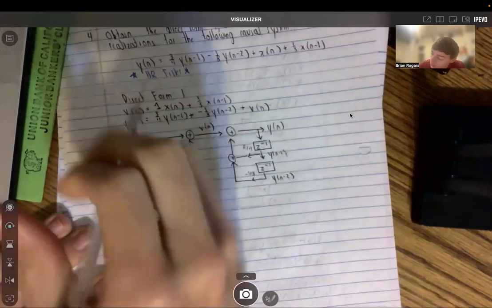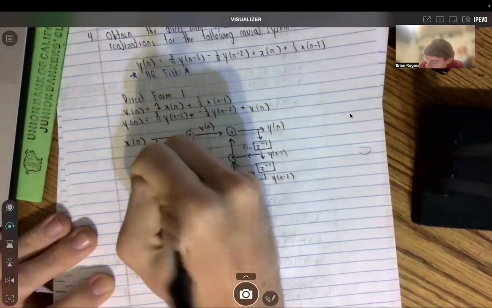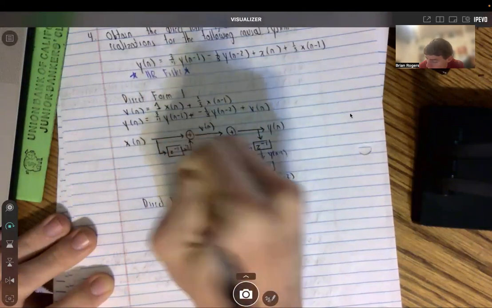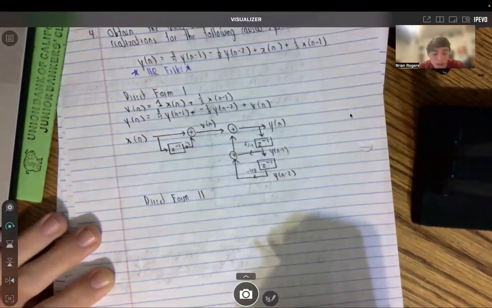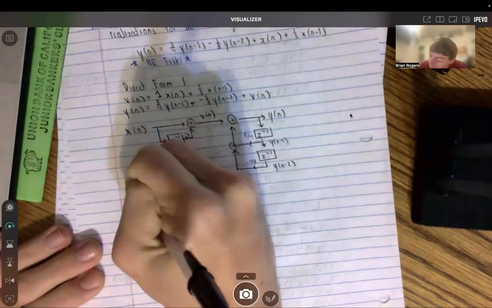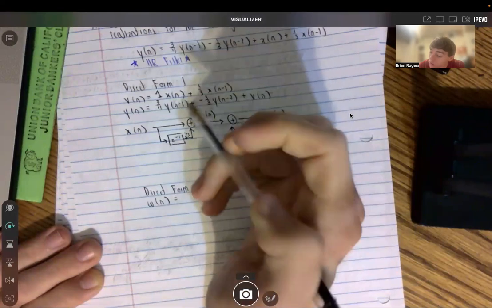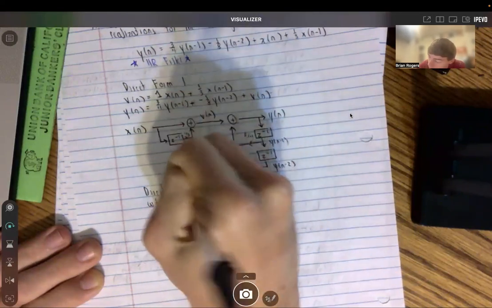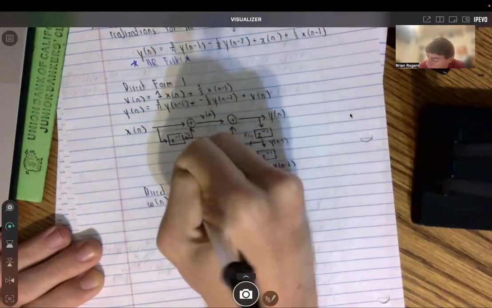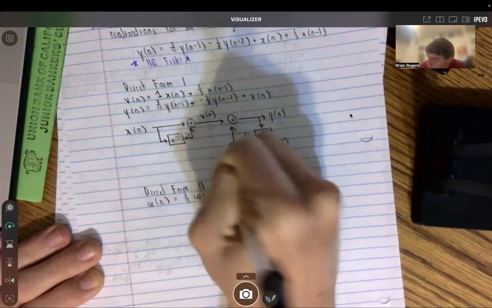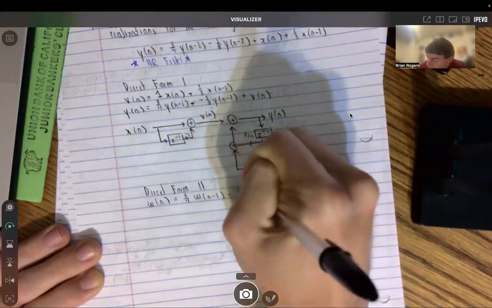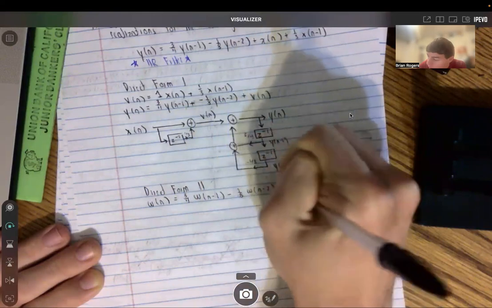Now, in order to do direct form 2, we're going to define omega n. Okay, so what's the coefficient on the y term here? It's 3/4, and you substitute in omega for y: 3/4 omega n minus 1, minus 1/8 omega n minus 2, and then plus x of n.